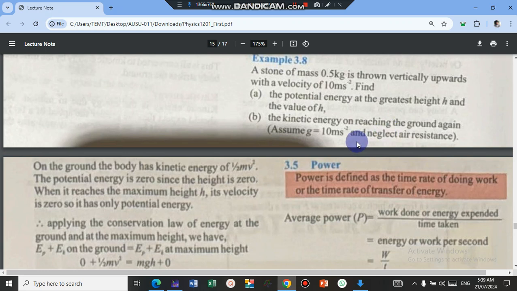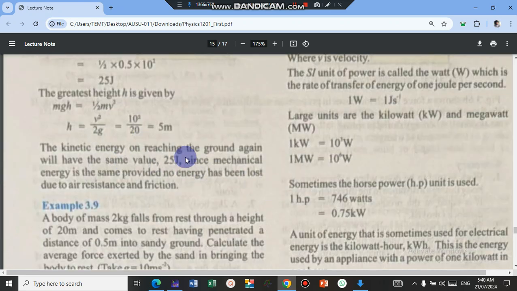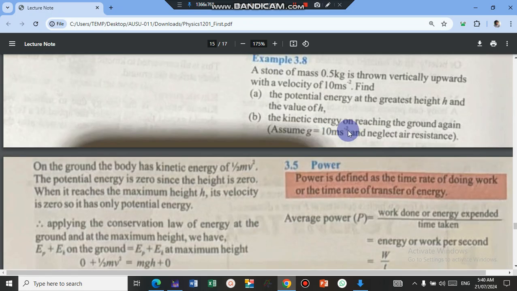So the amount will still be the same since there is conservation of energy. So our value will remain 25 joules that we calculated here. The kinetic energy on reaching the ground again will have the same value, 25 joules, since mechanical energy is the same, provided no energy has been lost due to air resistance and friction. And interestingly, we are told to neglect air resistance.